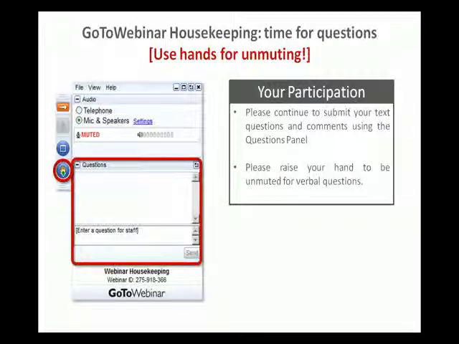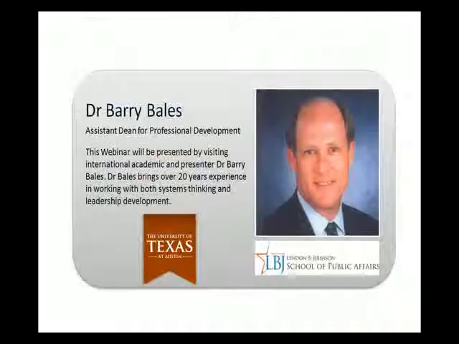So what I can do at the appropriate time is I will unmute the people who have their hands raised, and you can ask your question direct to Barry, and you can interact direct with Barry as well. Now, I would suggest that you do that, because participating in a webinar will make it a much better experience, not just for you asking questions, but for all involved.